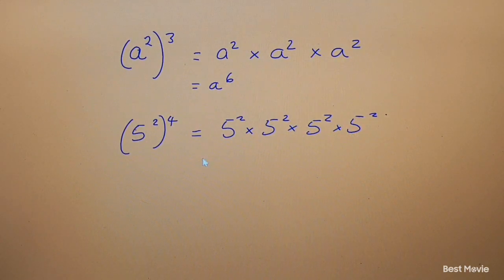So the base number is the same, so I know I'm going to end up with 5 to the power of something. And then you're adding the powers. So 2 add 2, 4 add 2, 6 add 2, 8. So 5 to the power of 8. So essentially what you've done with those brackets is you've multiplied the power inside the bracket by the power outside the bracket. 2 times 4 is 8. So 5 squared to the power of 4 is 5 to the power of 8.